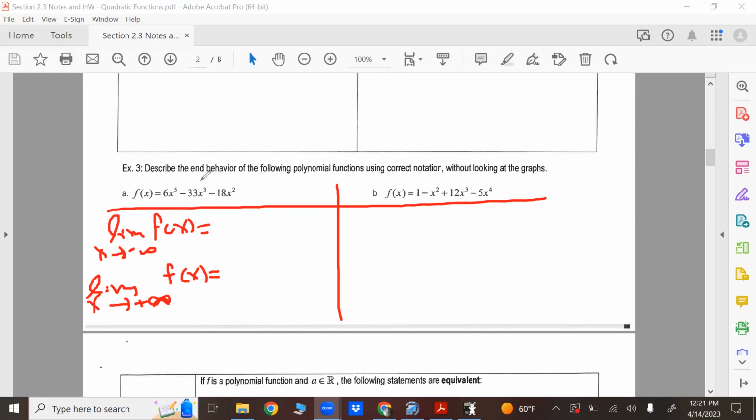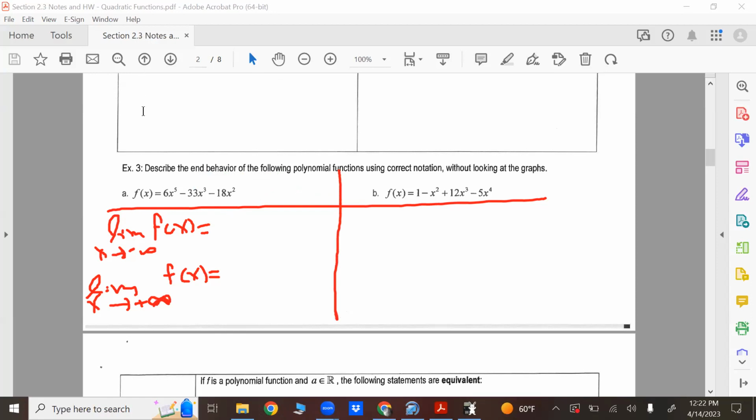So here's the deal. We're looking at an odd exponent, positive leading coefficient. Let me write that again. Let me make it more clear. Sorry guys. Here we go.